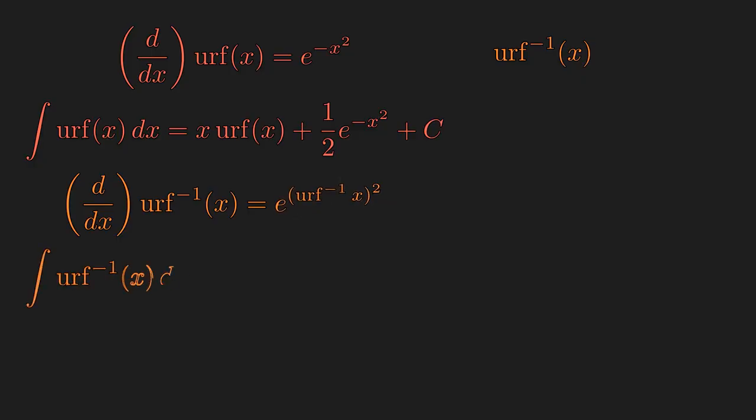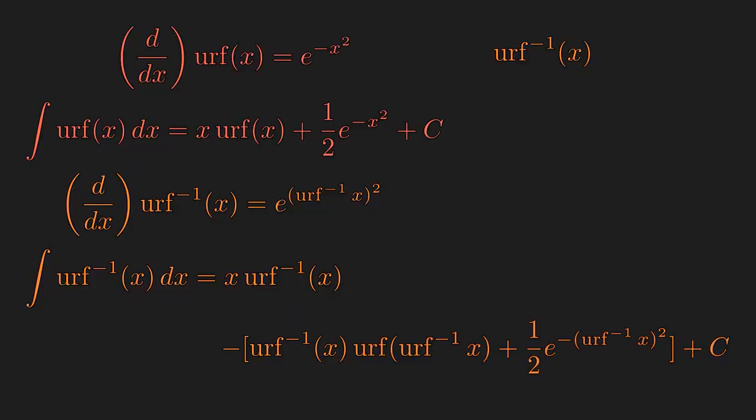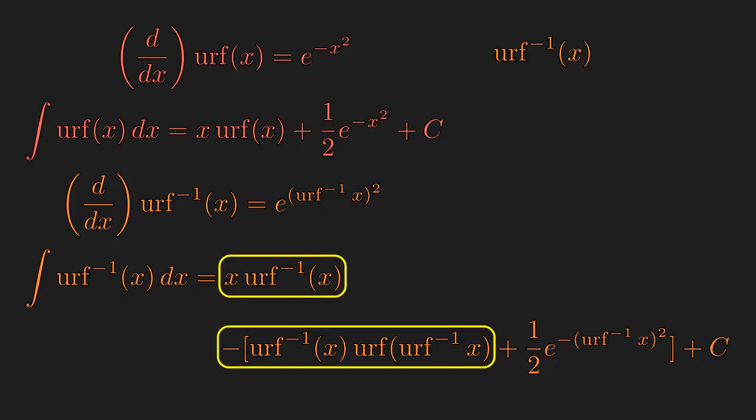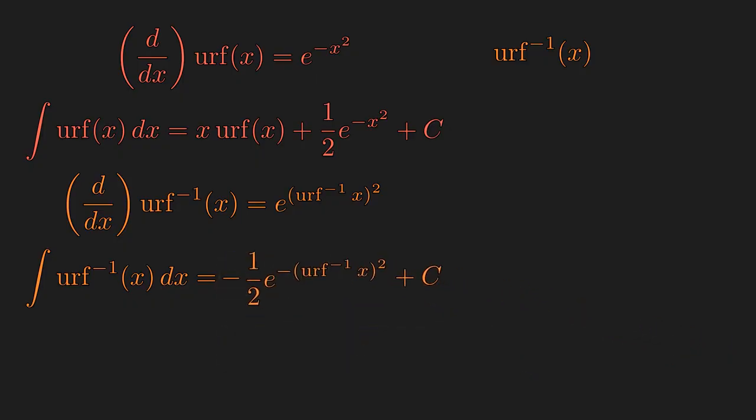Now, as per the integral of erf inverse, this is x times erf inverse minus the integral of erf inverse. Notice how these two terms are equal and opposite. So we just have one term left over. So we have calculated the derivative and the integral of a fairly exotic function.